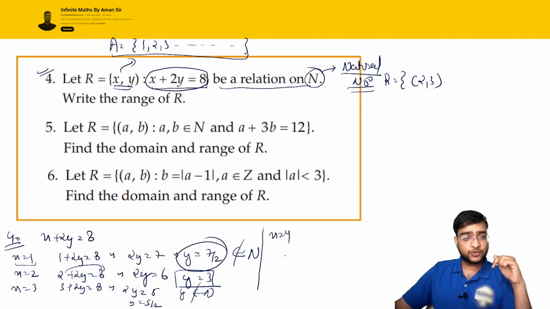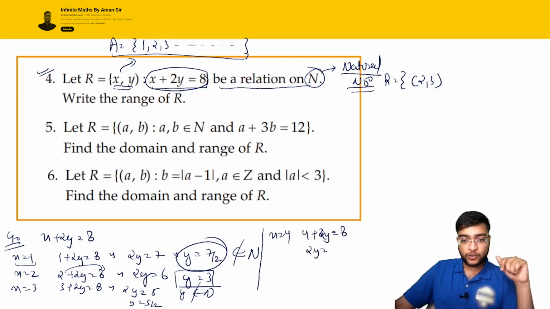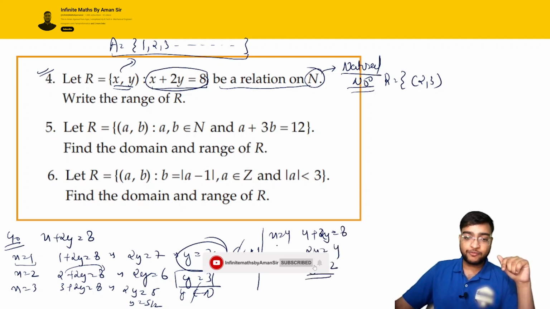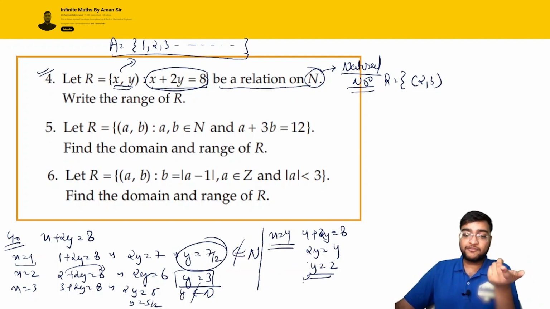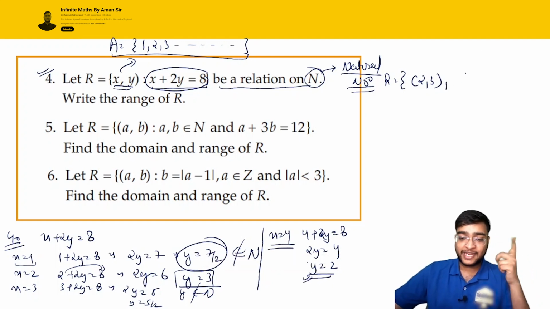Okay, if I take x equals 4, very simple, sir, 4 plus 2y equals 8, so 2y equals 4, and that is y equals 2. So the next pair in the relation is 4, 2 here.